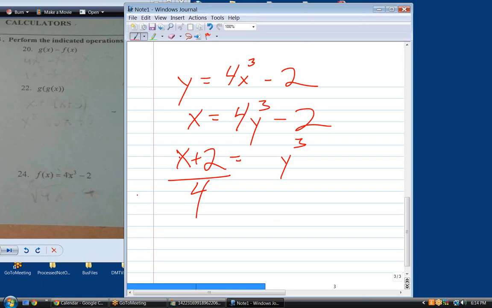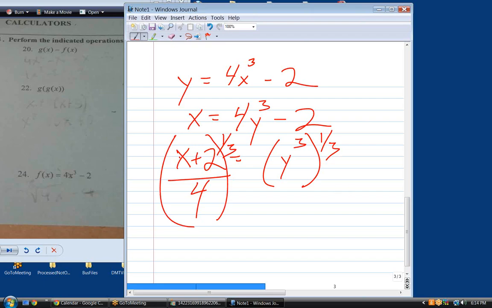So you can either write it like this, but the preferred way, I think, is when I take the cube root of both sides, I'm raising each to the 1/3 power.